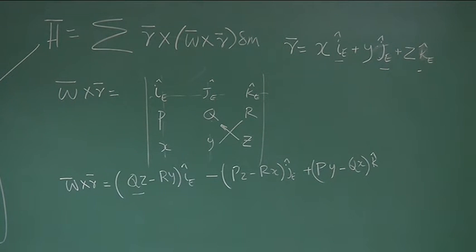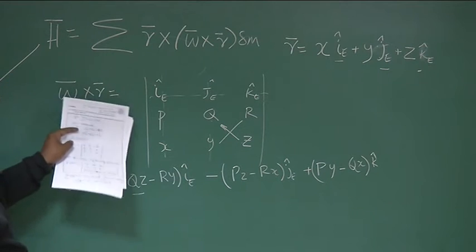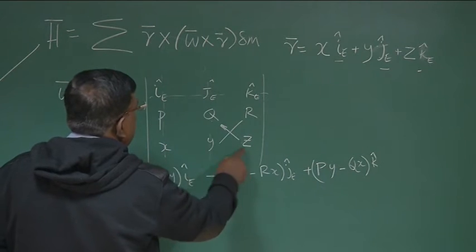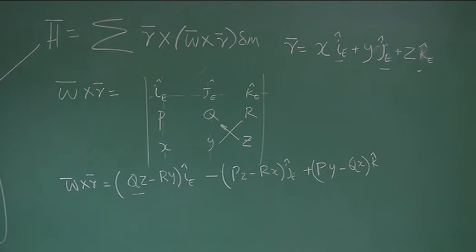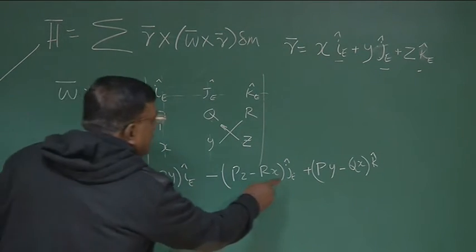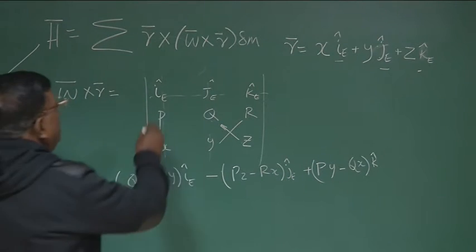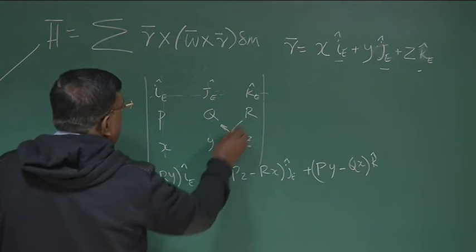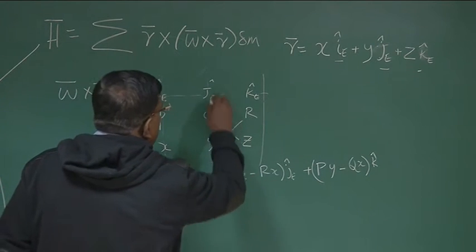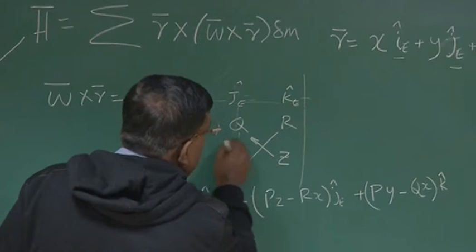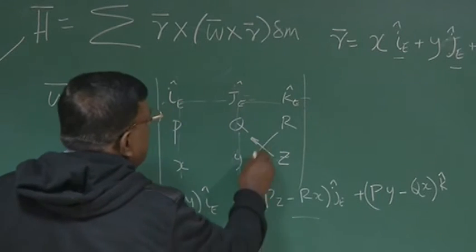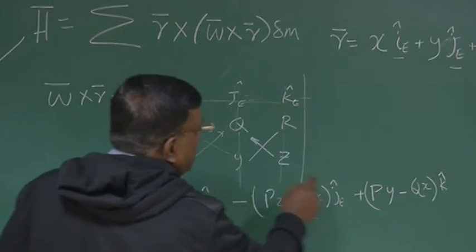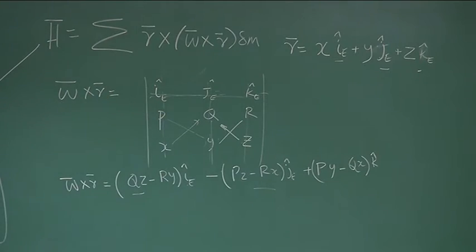Now, if I take the cross product omega cross r with i, j, k, p, q, r, x, y, z, I will get these three terms. You know very well how to do it. For i, it is qz minus yr; for j, with the minus sign, it is pz minus rx; similarly for k, it is py minus qx. So this is omega cross r.